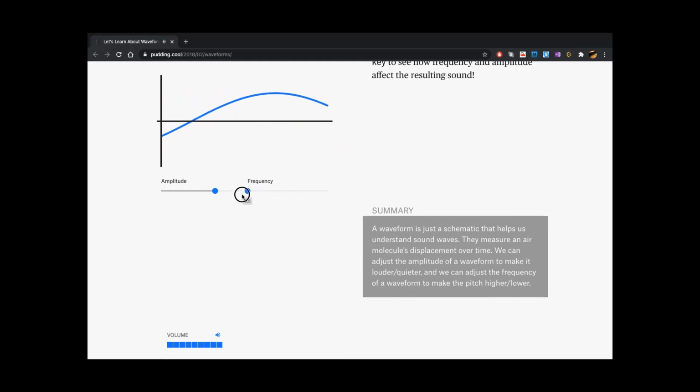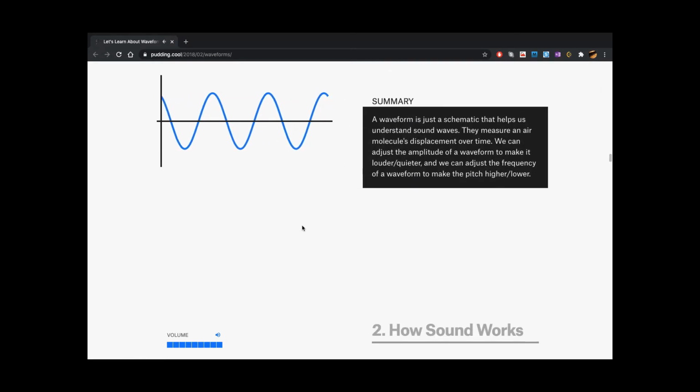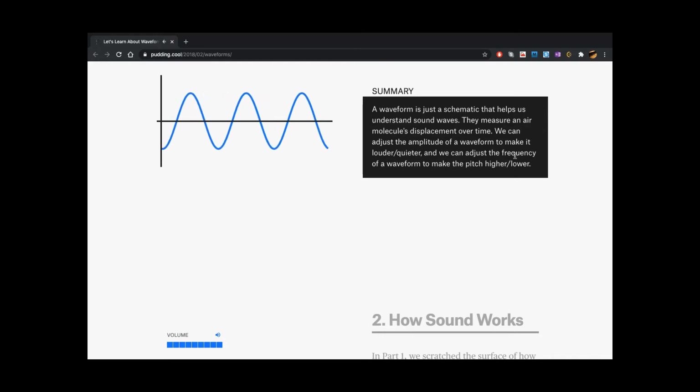Let's say this is half a wave in a 1 second window, but I can increase it to 1 cycle per second, 2 cycles per second, and 3 cycles per second. You can also hear how the audio quality is changing. A higher frequency sound is different from a lower frequency sound. The waveform is just a schematic. So we can adjust the frequency to make it a higher pitch or a lower pitch.